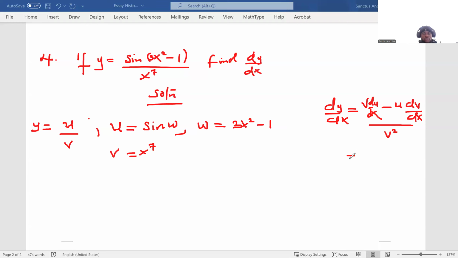All right, so now here we have that du/dx will be equal to du/dw times dw/dx.